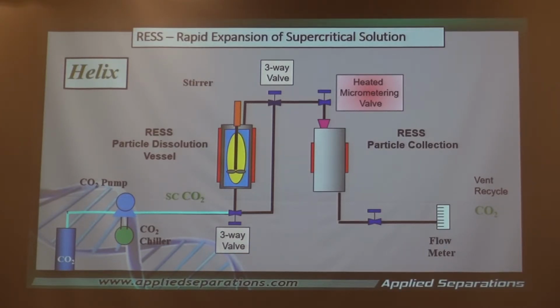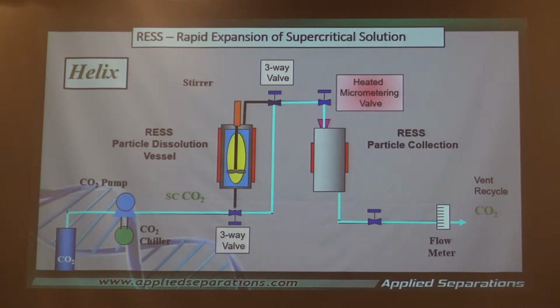You bypass the particle vessel, the dissolving vessel. This vessel here, you want to bypass that initially, and pass it through the nozzle. Now that you've established that as a steady state, switch the valve on. And now you will get particles, and you will not get clogging. It's very easy to clog. So run the system beyond the vessel to begin with.